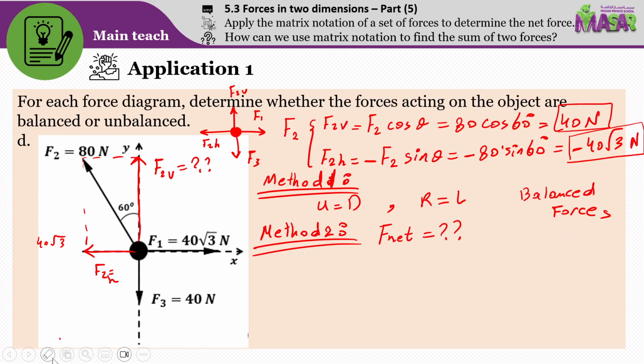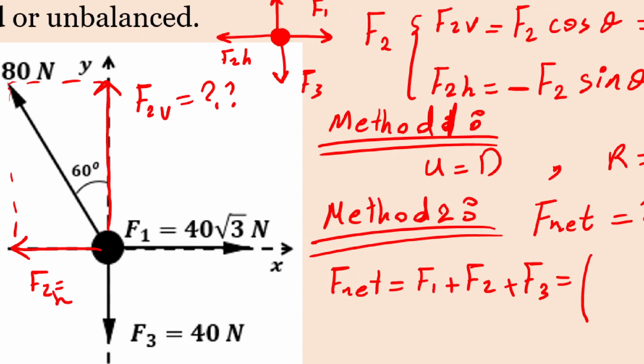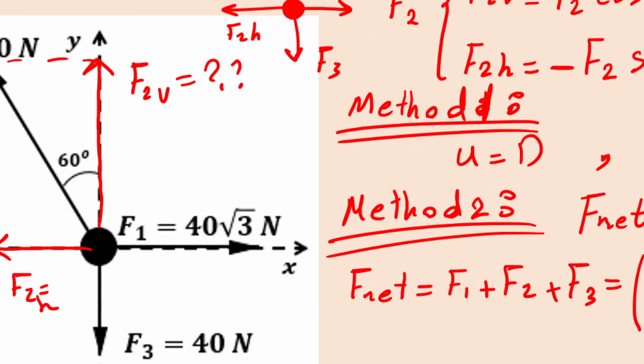So let's evaluate the F net now. First, I'm going to write F net is equal to F1 plus F2 plus F3. So let me construct the matrix notation of each one of these forces. Let's start with F1. For F1, as we can see here, F1 is along the horizontal.